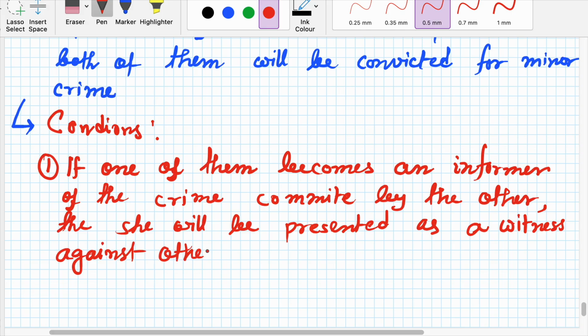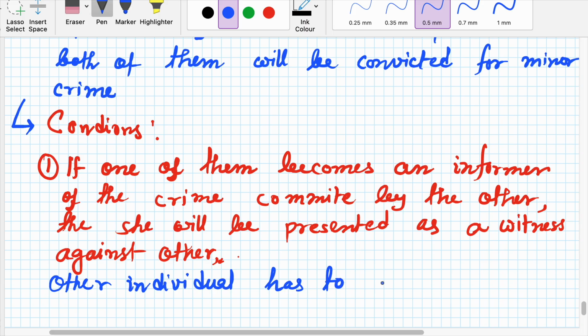And since now there is a witness, that other individual has to spend 4 years in prison.